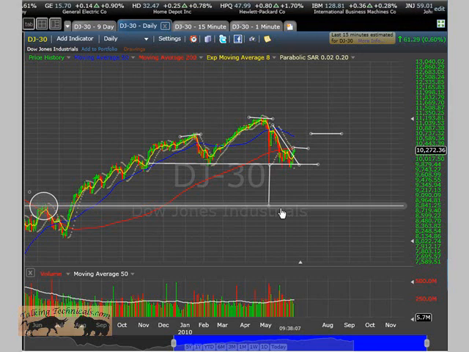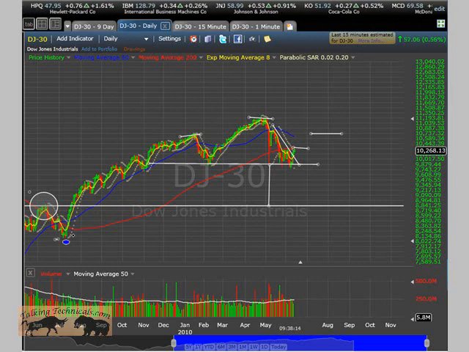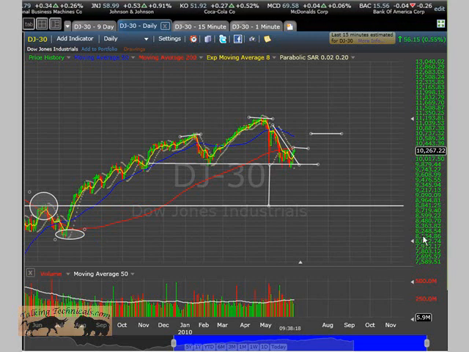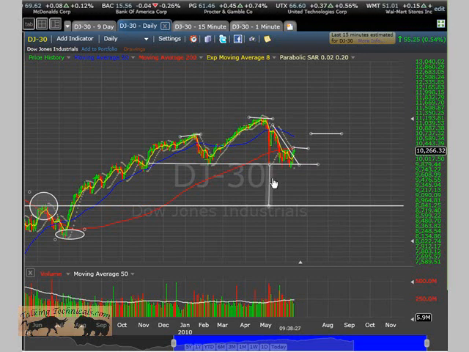Previous resistance is now support, right? There's also another intermediate term support area down at just about 8100. So this measured move brings us down below 9,000.